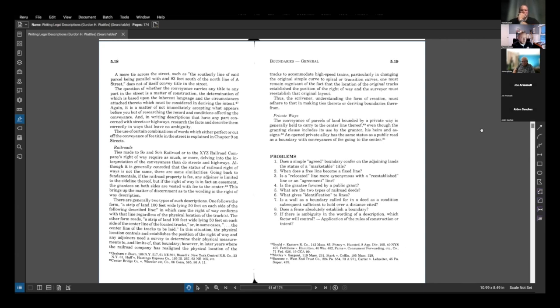Is a relocated line more synonymous with a reestablished line or an agreement line? Thoughts, anybody?